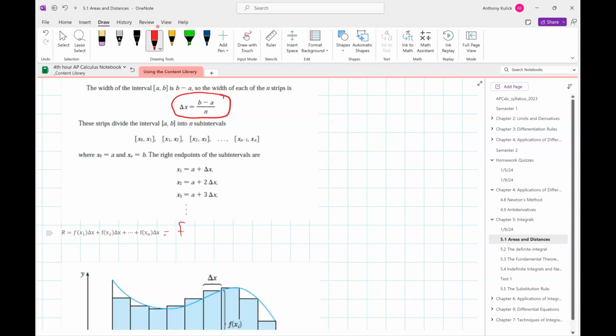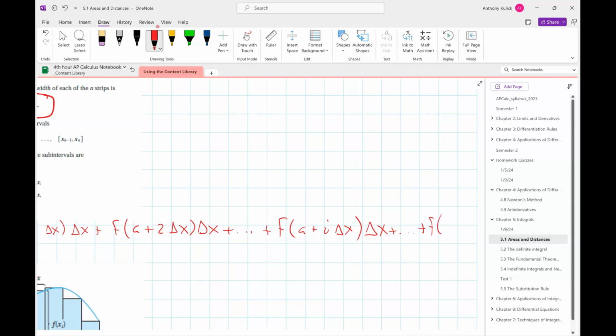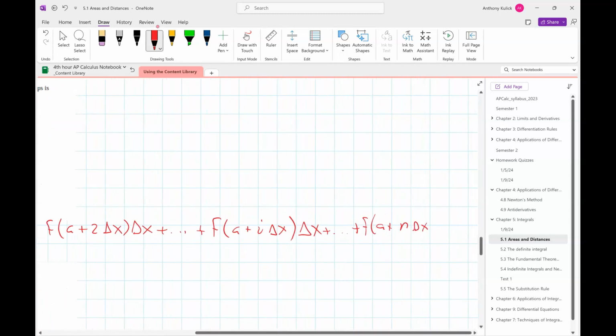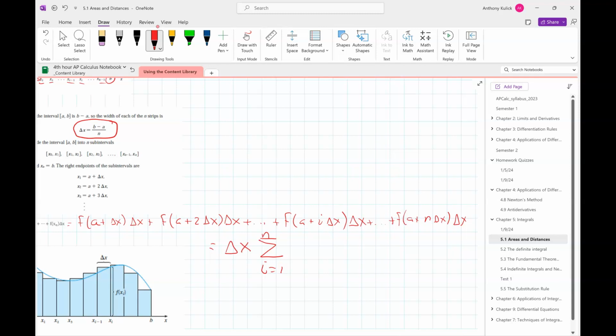Or really, f of a plus 1 delta x times delta x, plus f of a plus 2 delta x times delta x, plus f of a plus i delta x times delta x, plus f of a plus n delta x, or if we sum that together, there's a delta x in everything, times the sum from i equals 1 to n of f of a plus i delta x.